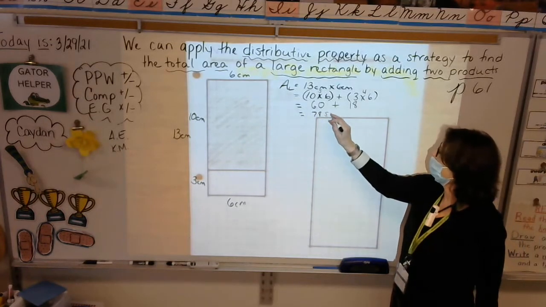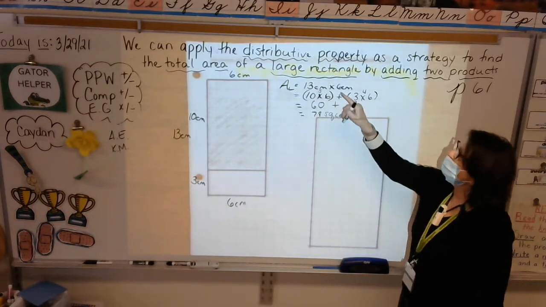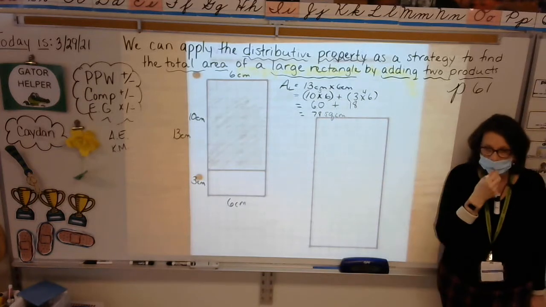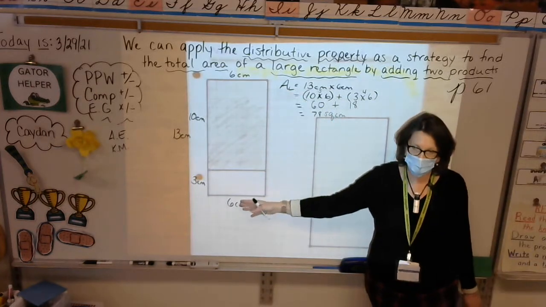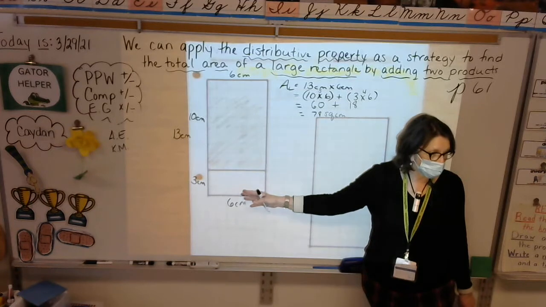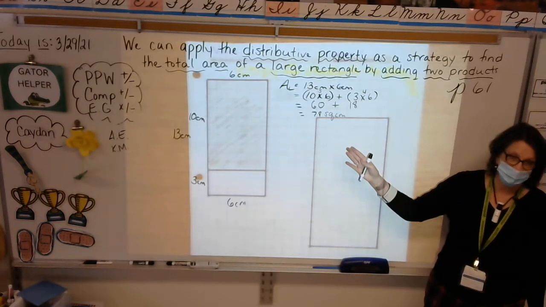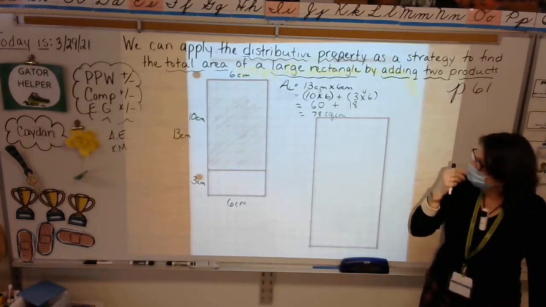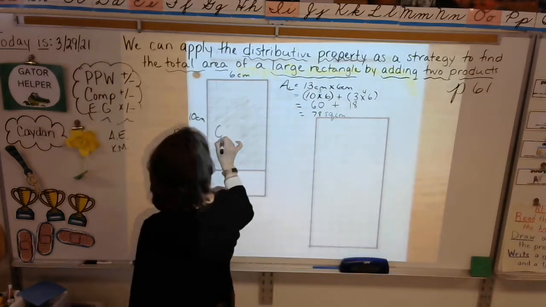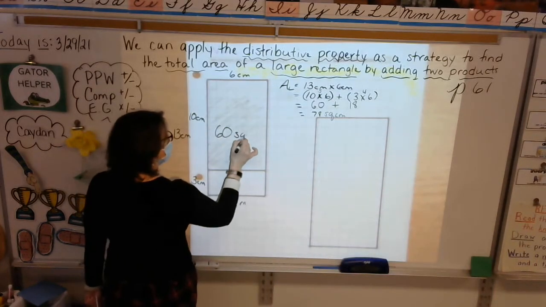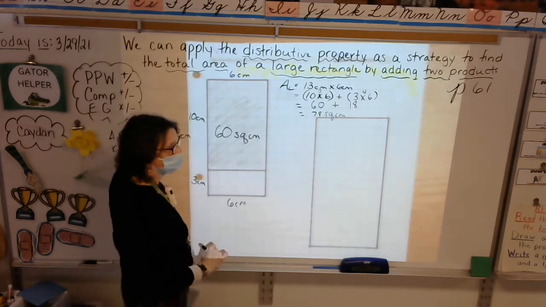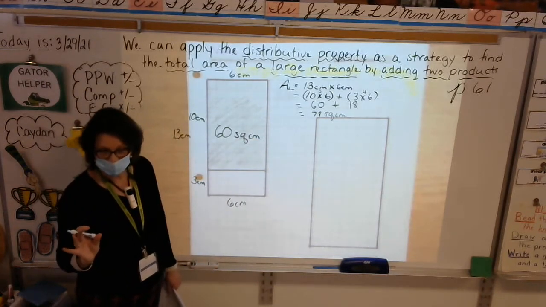This is one of my favorite lessons because we just did exactly what our learning target said we were going to do. We took a large rectangle, we decomposed it or broke it apart into 2 smaller ones. We found the area of each smaller one and we added them together. To make this more clear, let's go ahead and put 60 square centimeters in this part. So we know exactly what the 60 represents.